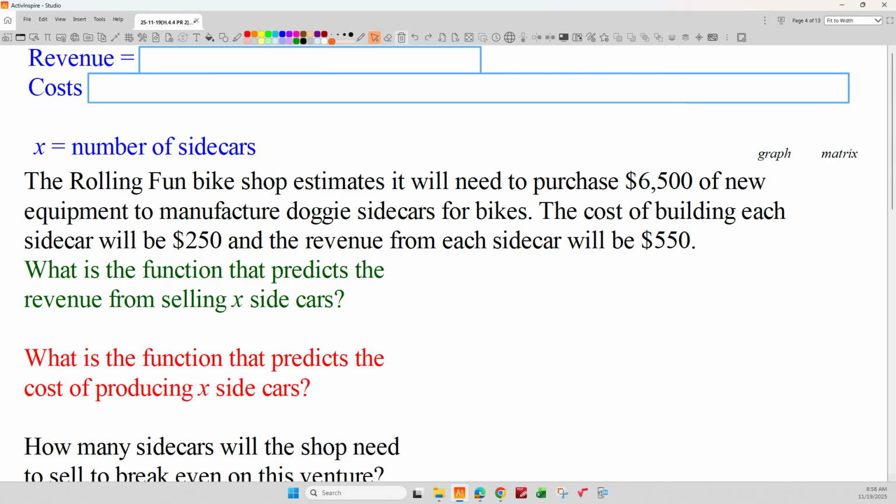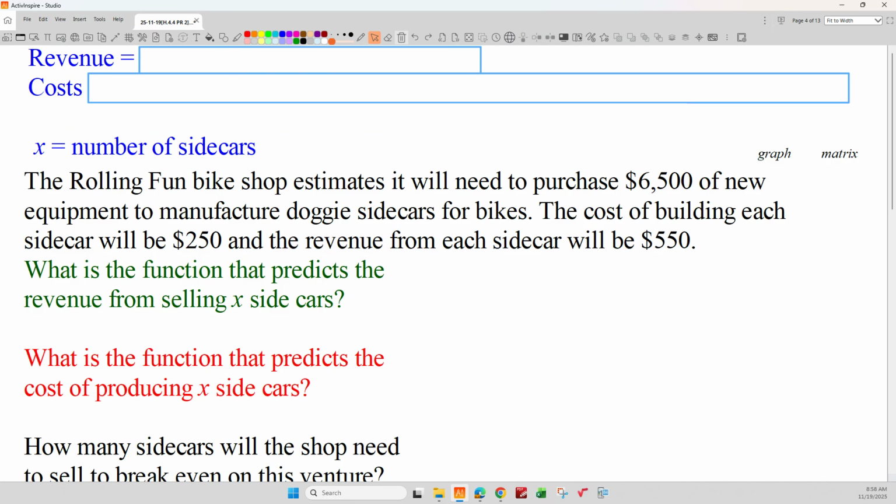So what's the function that predicts the revenue? We call this the revenue function in terms of the number of sidecars that we sell. So if I sell x sidecars, what's my revenue going to be? How much money's coming in? Okay, it says the revenue from each sidecar is $550, so that's how much we're charging. So if I'm selling x of those, what's my revenue? Yeah, 550x.